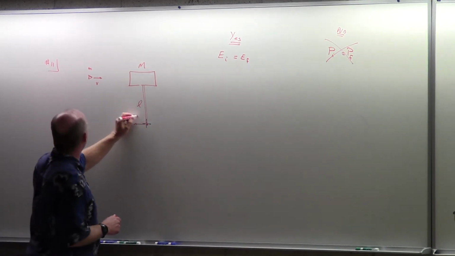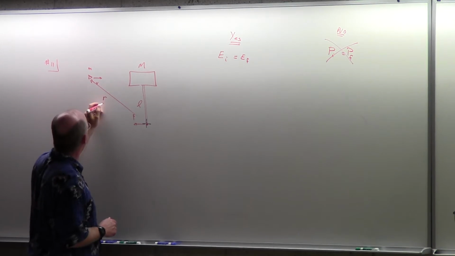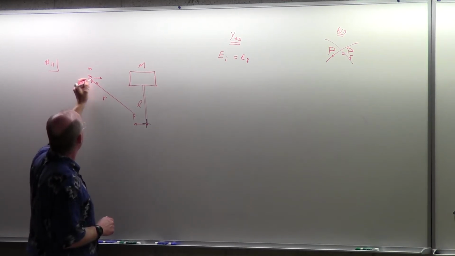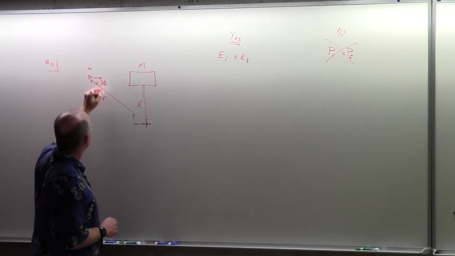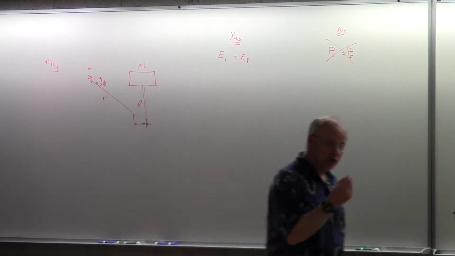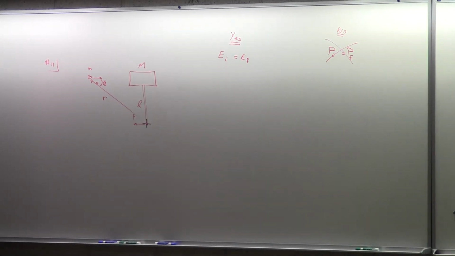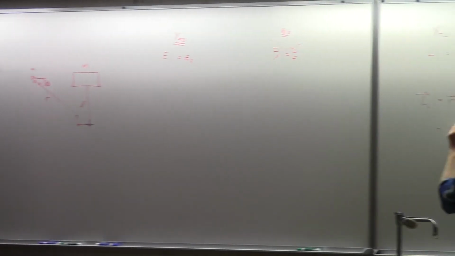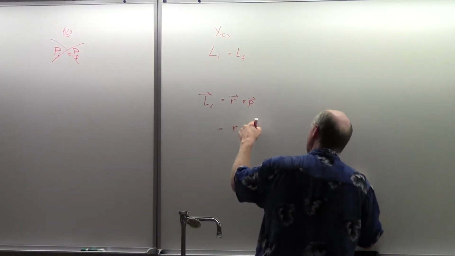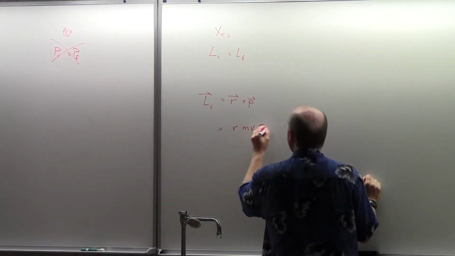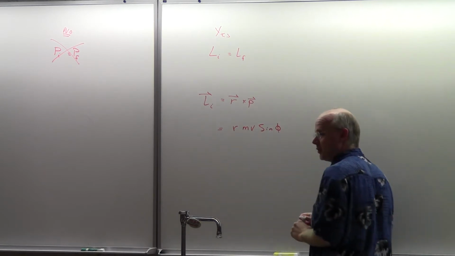And so if again I extend this out and call this R, and then this is mv, and this is some angle phi. When you go to calculate this, it would be the magnitude of the first one, r, magnitude of the second one, momentum is mv, and sine of the angle between them.